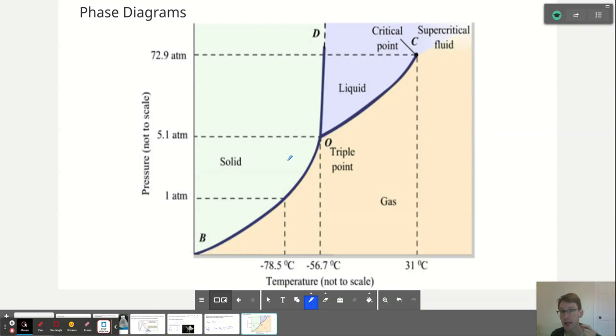If you change atmospheric pressure, you will change boiling point, which is why if you go to the Rocky Mountains where it's very high altitude, the atmospheric pressure is lower. They say the air is thinner because there's less oxygen per liter of volume. That will actually result in a lower boiling point. And that has a lot of effects.